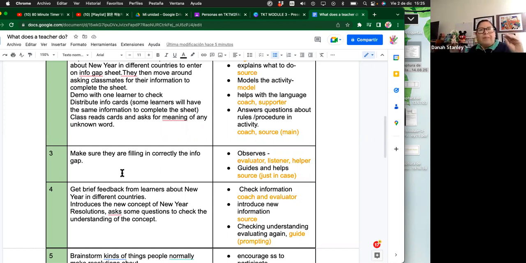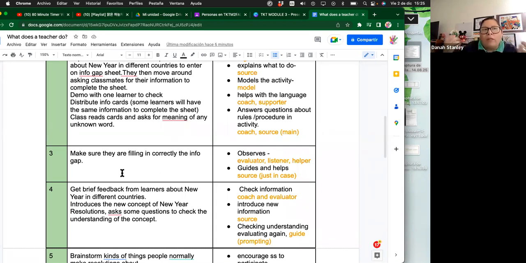Not necessarily listening carefully to what they are saying, but I can see how they are interacting. Remember that this interaction is also part of the abilities for speaking. The facial expressions, the movements, if they ask for clarification, if they don't, the reactions. So that is also very important.